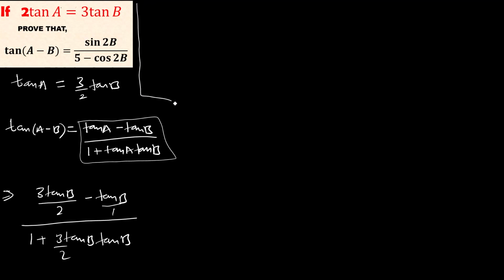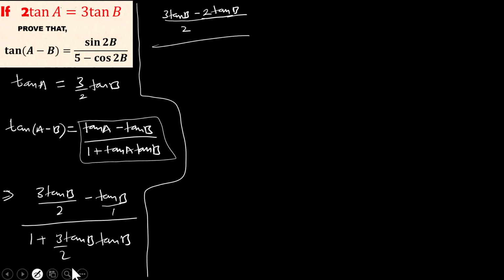Okay, so let's find the LCM of both numerator and denominator here. With the numerator, the LCM is 2. 2 into itself is 1, so we have 3 tan B. 1 into 2 is 2, so 2 tan B, minus 2 tan B, on, so we can make this side over 1, so we have 2. 1 into 2 is 2, so 2 times 1 is 2, plus, 2 into 2 is 1, so we have 3 tan B tan B. Okay, so this is division, so this one will cancel this.